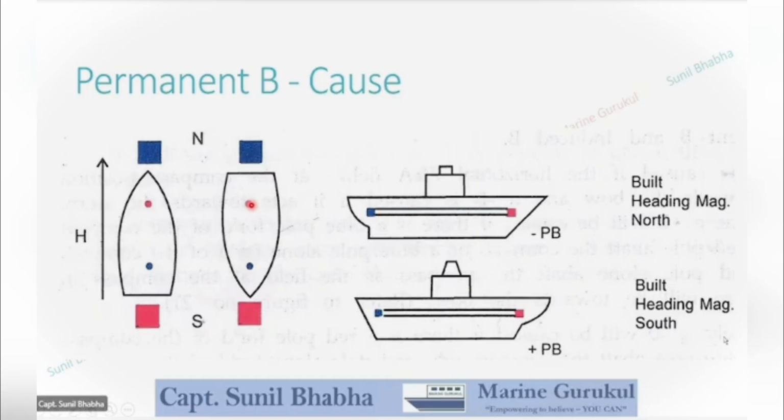How does this magnetism affect our compass? If you look carefully, this is the permanent magnetism of the ship in the horizontal fore and aft direction. What causes permanent B? So let us see its effect on our magnetic compass.